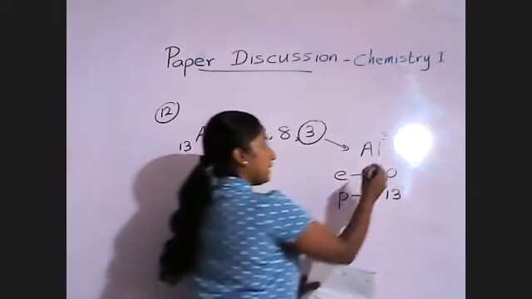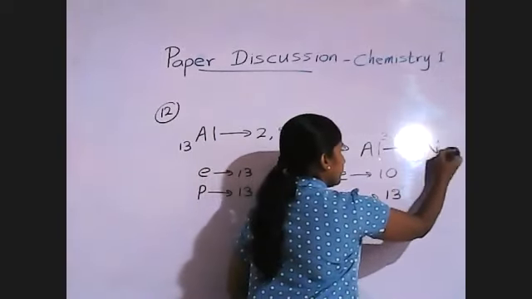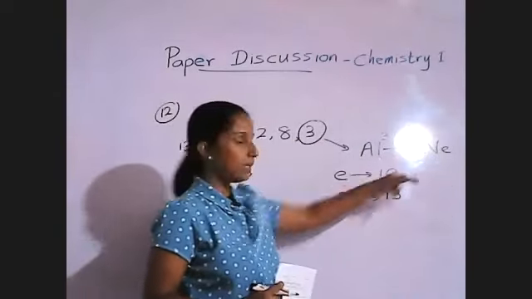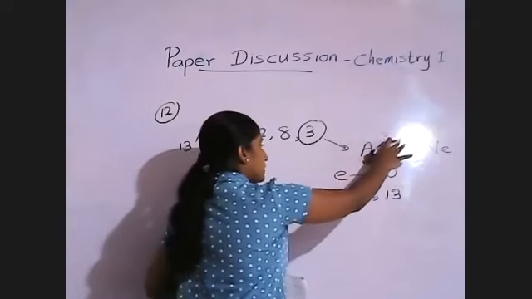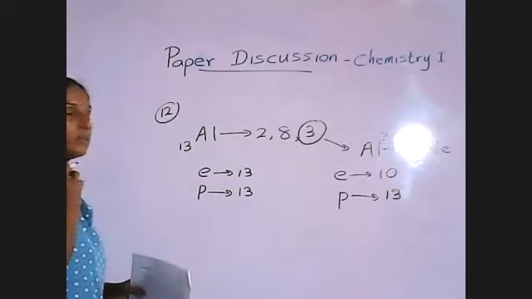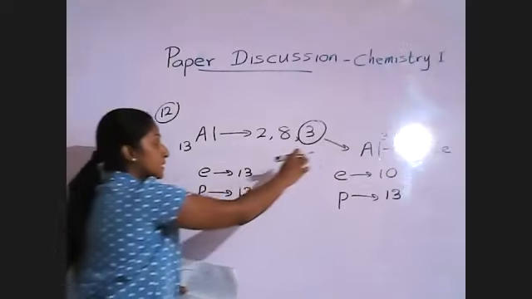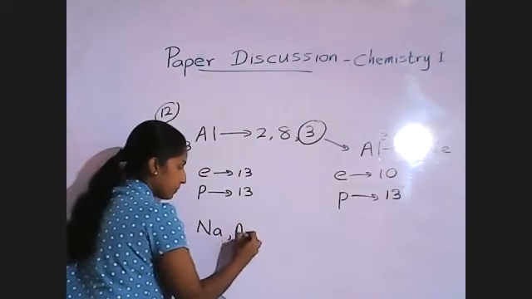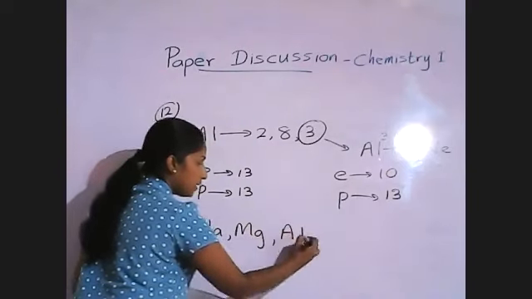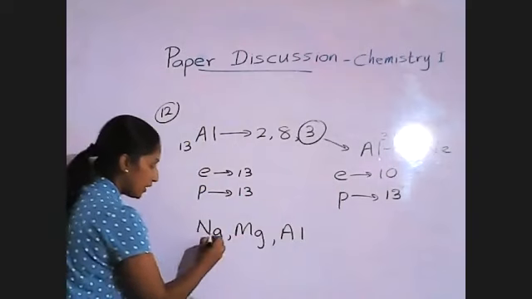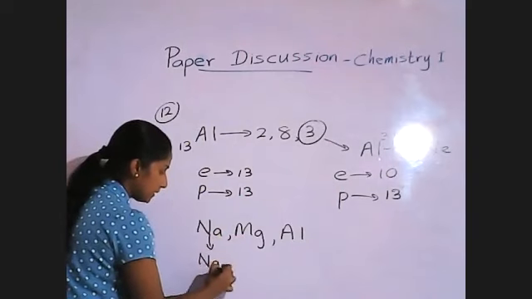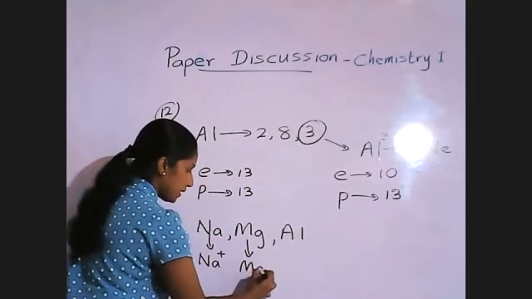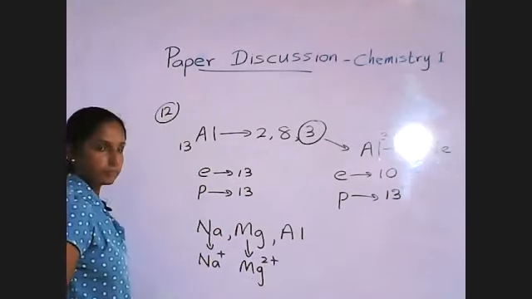Al3 plus ion gets the stable configuration of neon, right? And all the other atoms in this period, sodium, magnesium, aluminium, right? Sodium forms the Na plus ion, and magnesium forms the Mg2 plus ion.